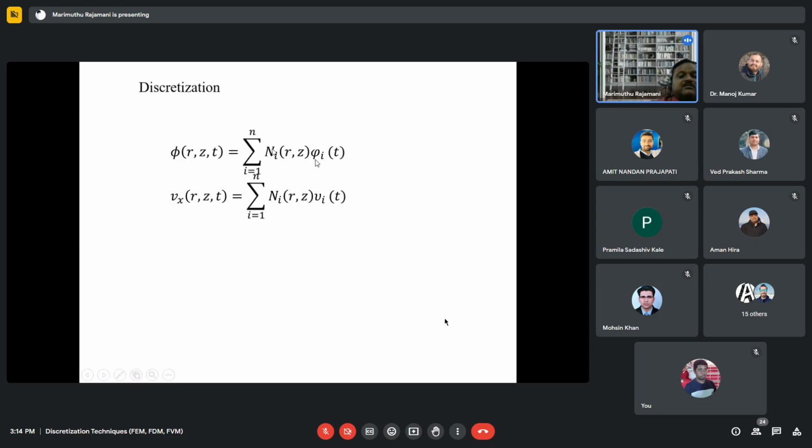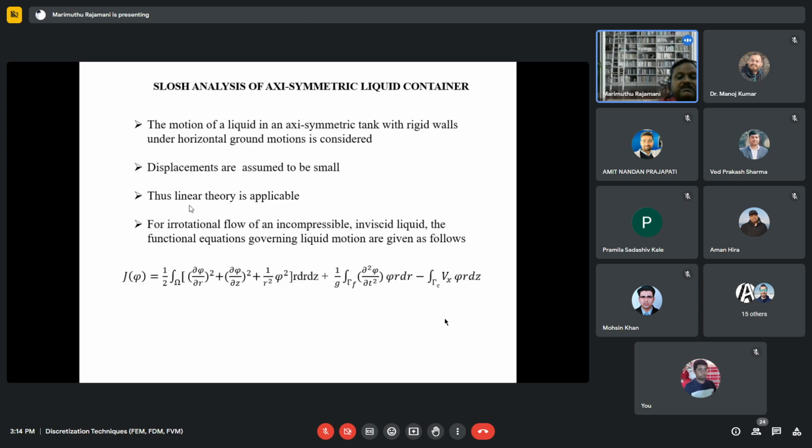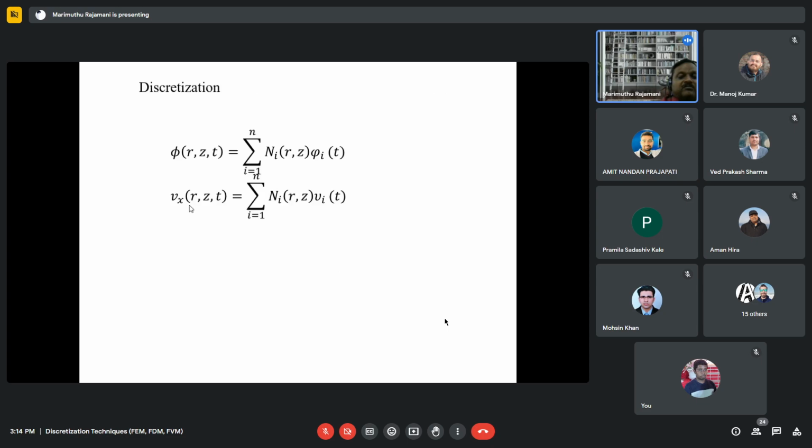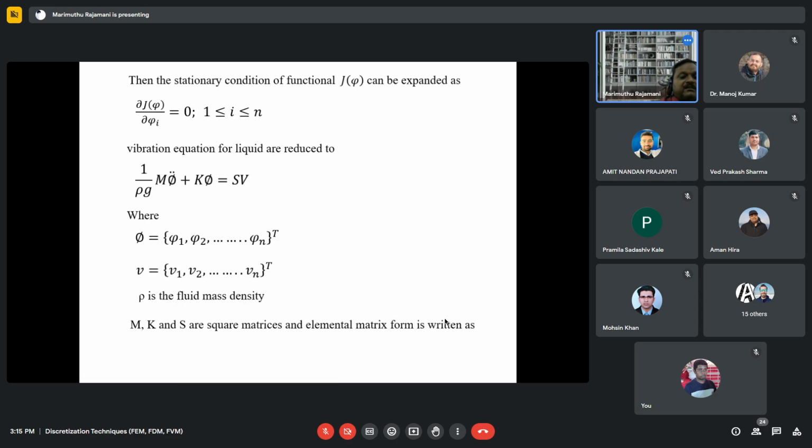Here phi and V are the field variables, where phi is the velocity potential and V the velocity. When you substitute this and take the variation with respect to the nodal variables phi_i and V_i, you will end up with this set of equations.